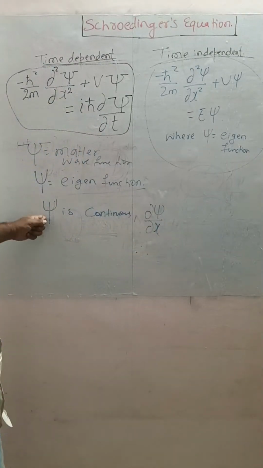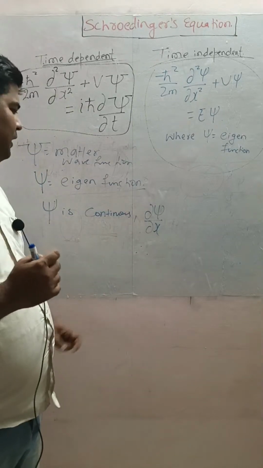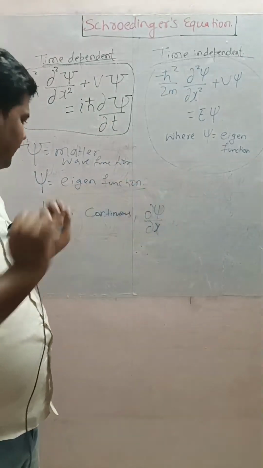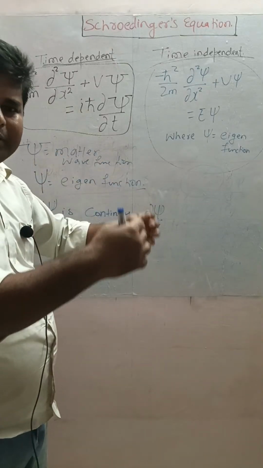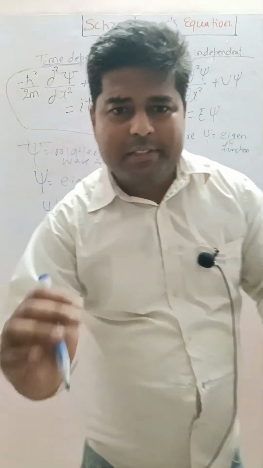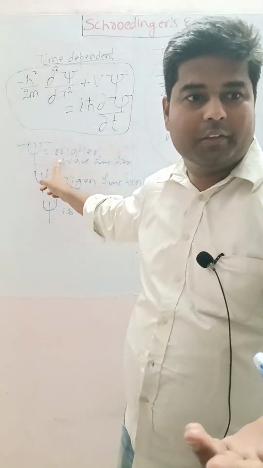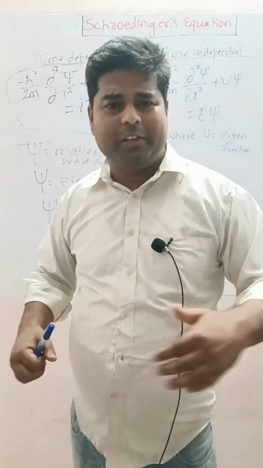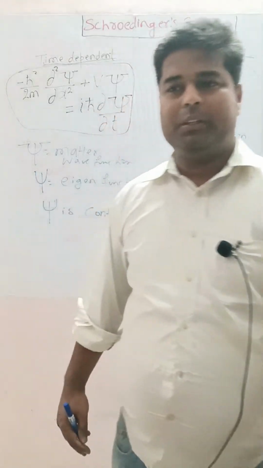So if this eigenfunction, meaning the amplitude of this matter wave function, is continuous, it means the property of space in the x, y, or z axis, meaning the behavior plotting of this matter wave function over the x-axis. Remember one thing, nobody has exact information on how the matter wave function looks. They can't tell you whether it is like a longitudinal wave or a transverse wave.